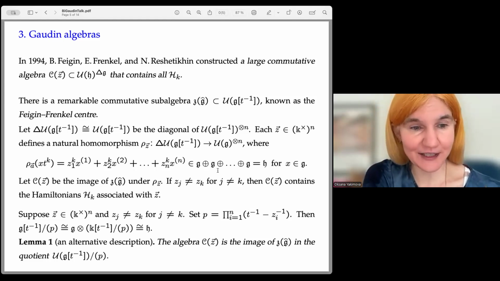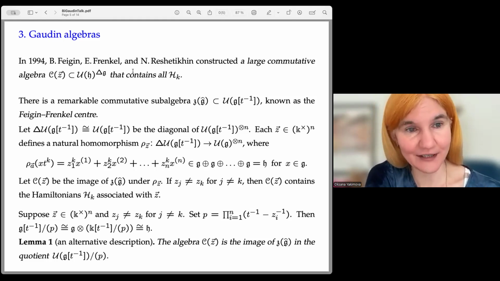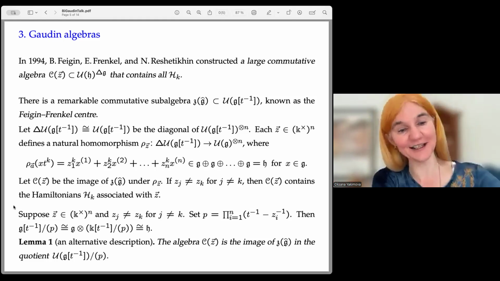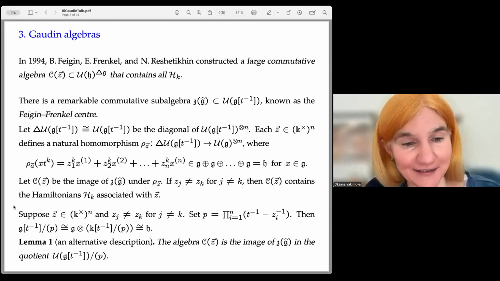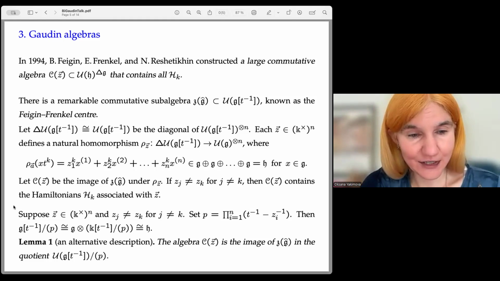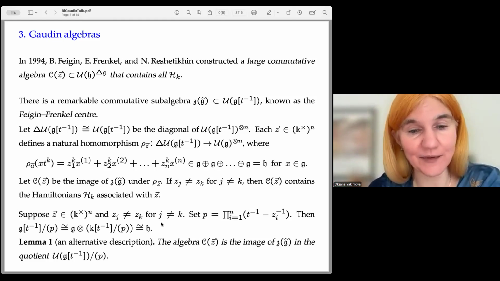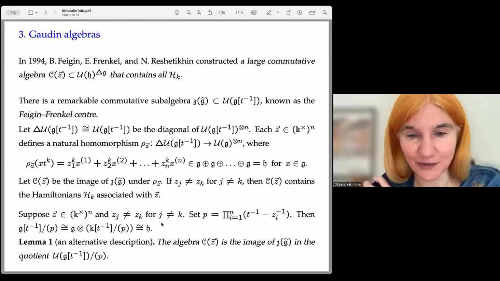So in particular, following Feigin, Frenkel and Reshetikhin, we can define Gaudin subalgebras, as images of a Feigin-Frenkel center, and actually we can define them in two different ways. At the end of the slide, I have an alternative description, but maybe we'll start with this one. We take again a vector of numbers from the ground field, which are pairwise different and non-zero.